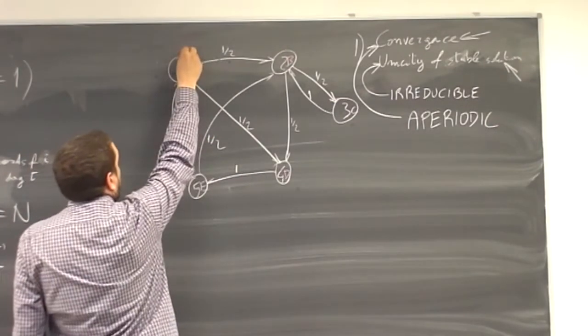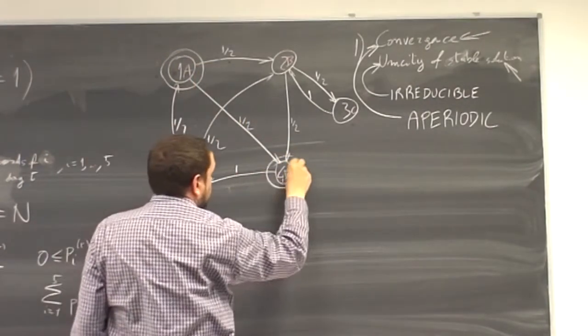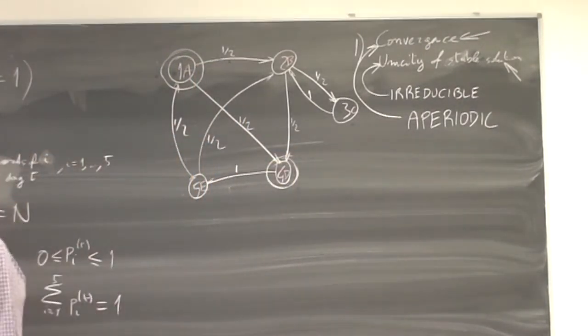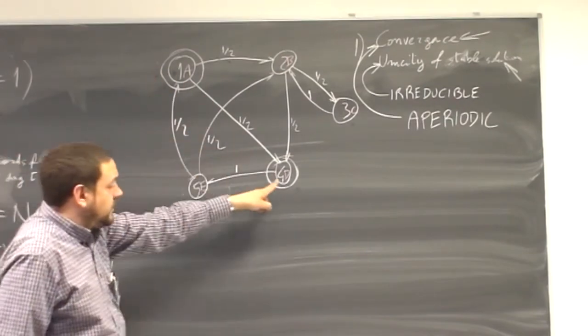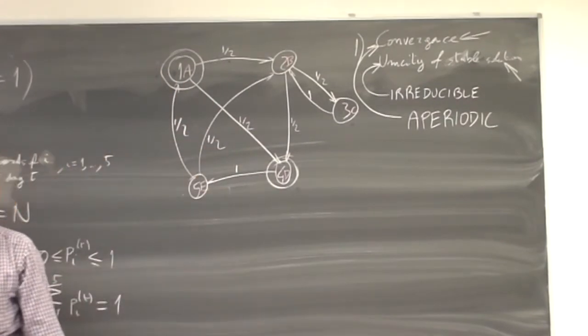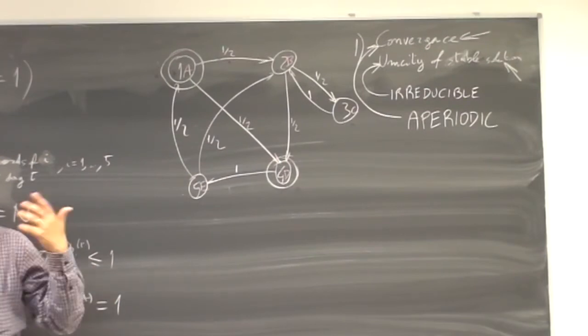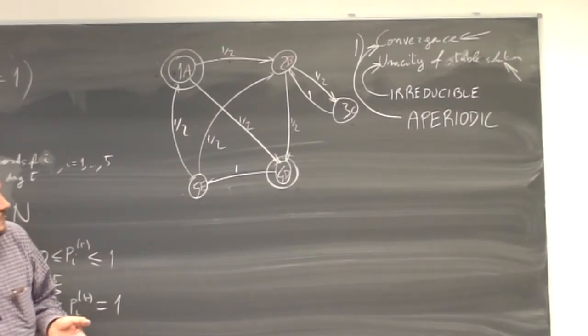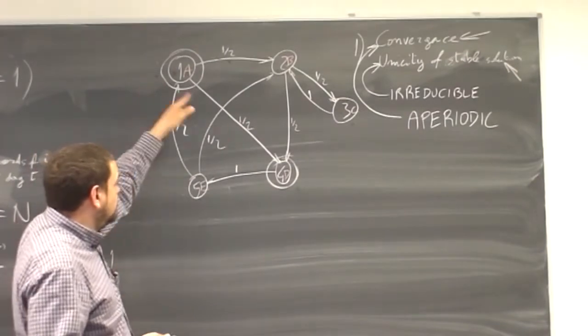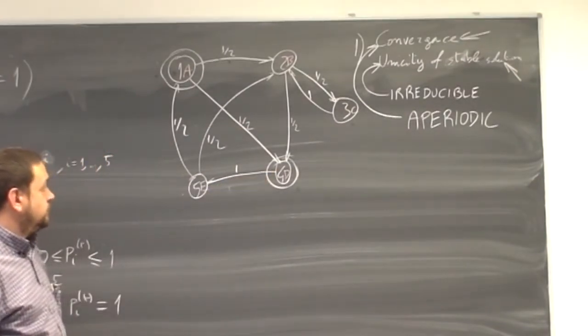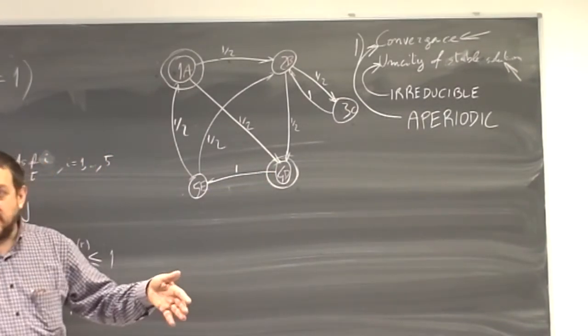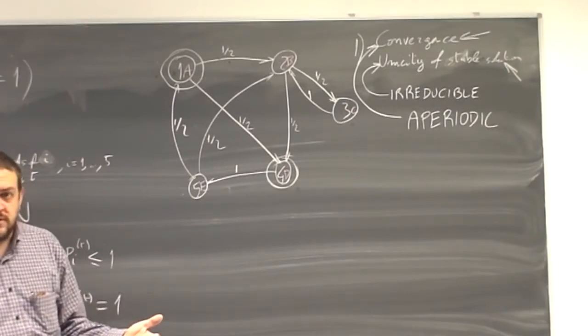For example, from A to D, if you look at the length of all paths that go from A to D, you find almost all possible lengths, with the exception of a finite number. This ensures that things will even out in the long term.